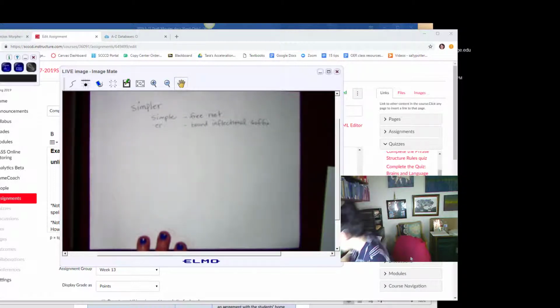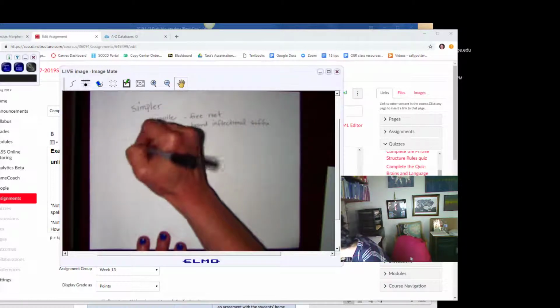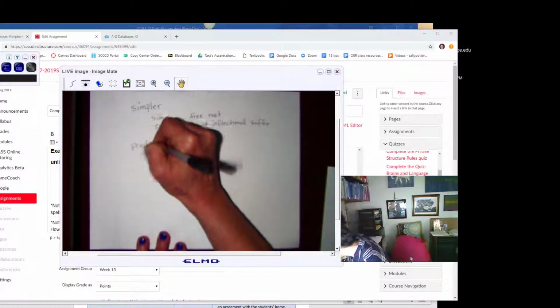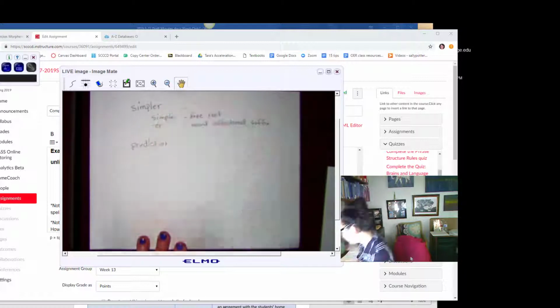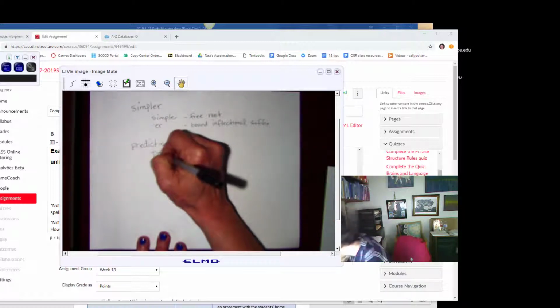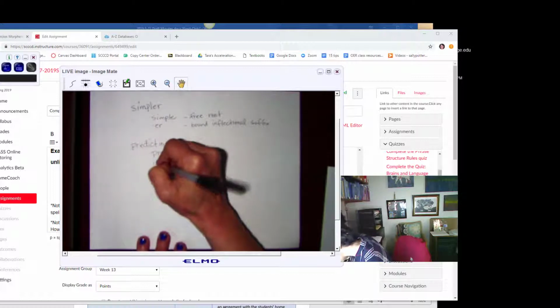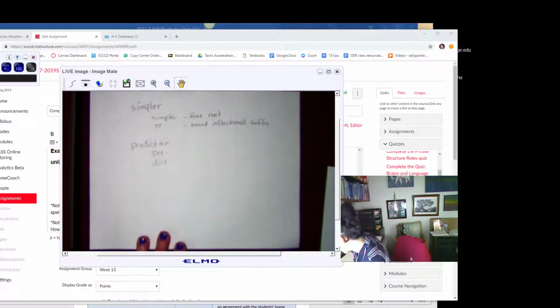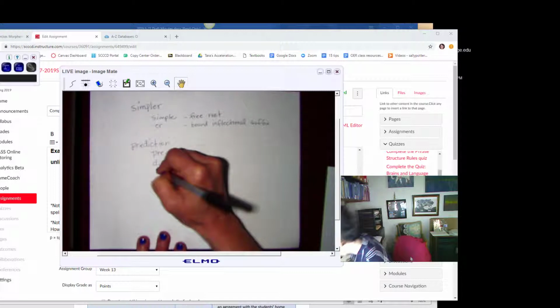Okay, next word we're going to look at is prediction. And prediction actually has 3 morphemes. The first one is pre, and then we have dict, and then we have ION.